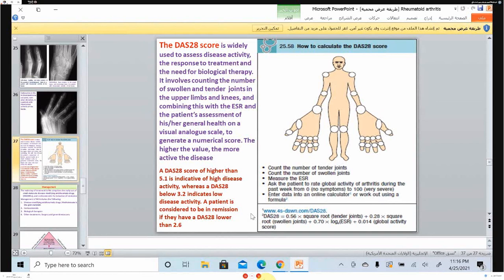A patient is considered to be in remission if the score is less than 2.6. What do we depend on for the score? It needs a formula, and this formula takes into account: count the number of tender joints, then the number of swollen joints, measure the ESR, ask the patient to rate global activity of arthritis during the past week from 0 to 100.